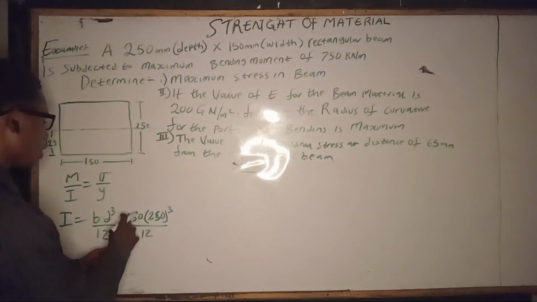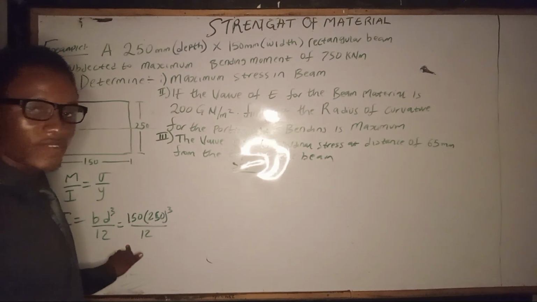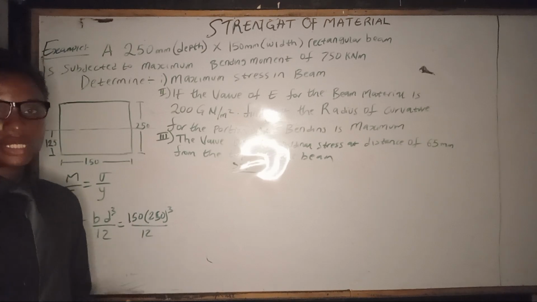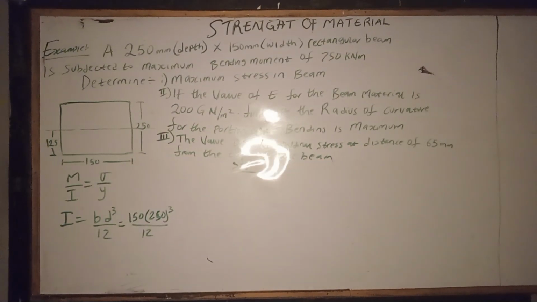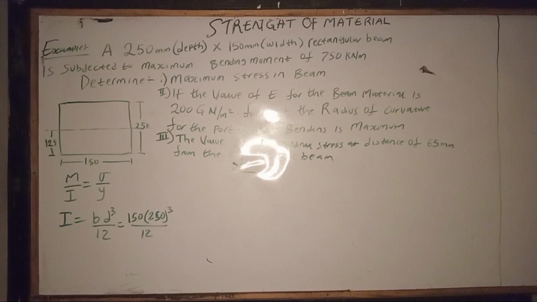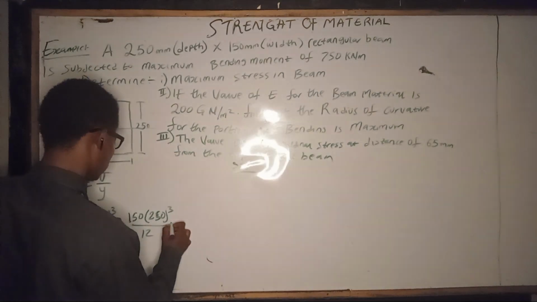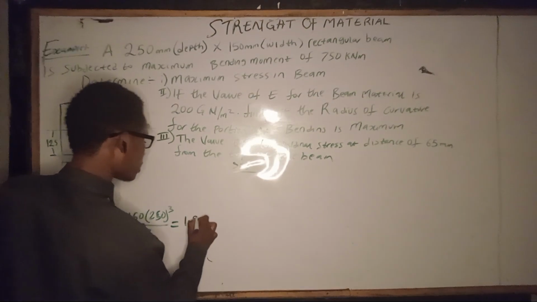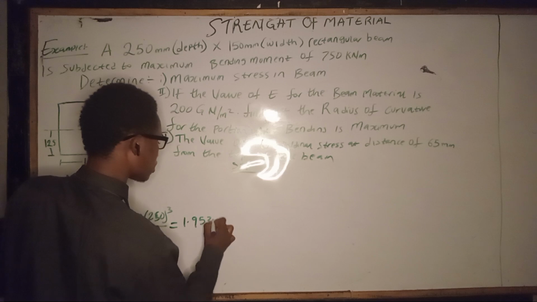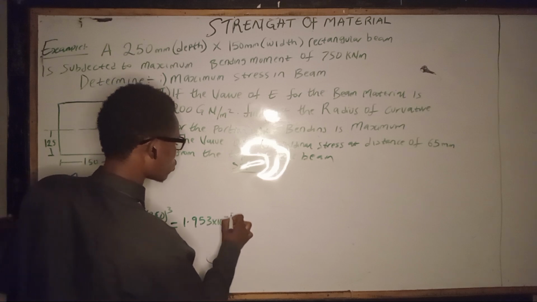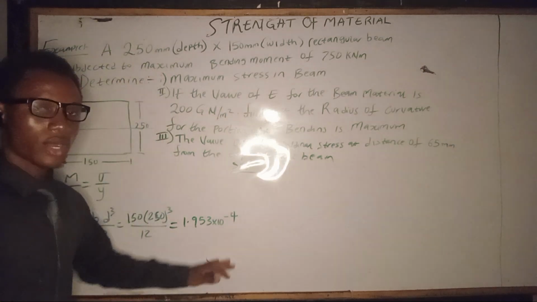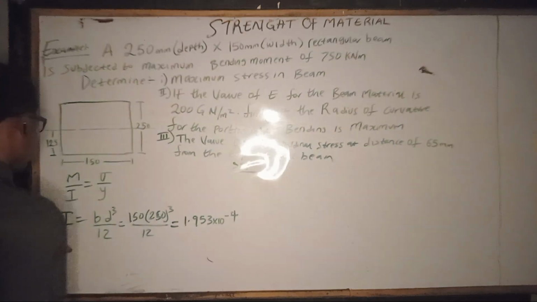So if you do 150 times 250 cube divided by 12, we are going to get our answer as 1.953 times 10 raised to the power minus 4 as our inertia. So that is for the inertia.